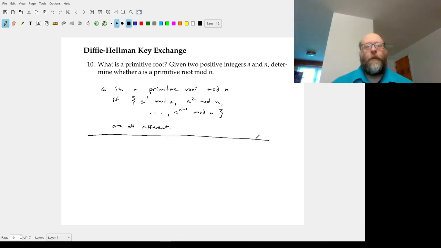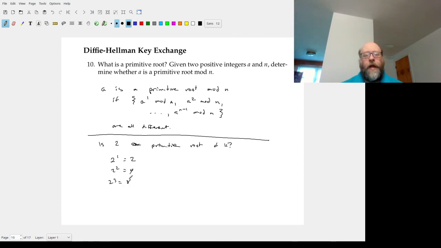And so, for example, is 2 a primitive root of 11? So we could try this out. 2 to the first is 2. Squared is 4. 2 cubed is 8. 2 to the fourth is 16, but that's congruent to 5.